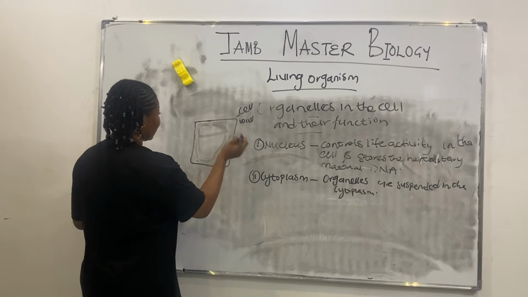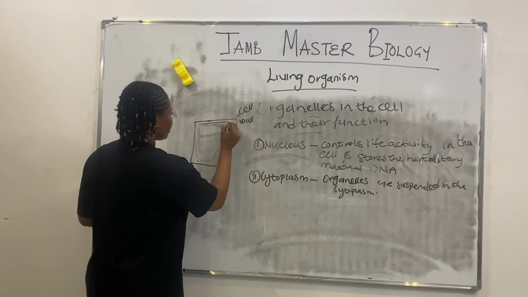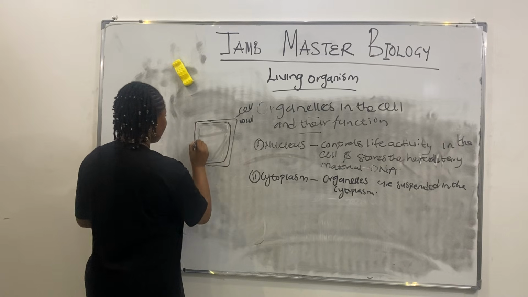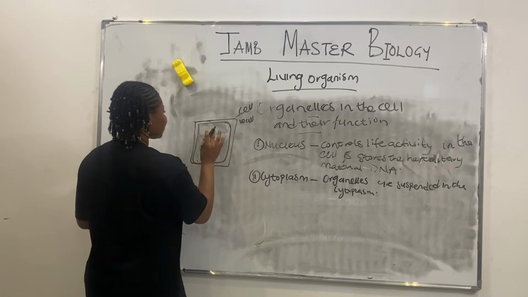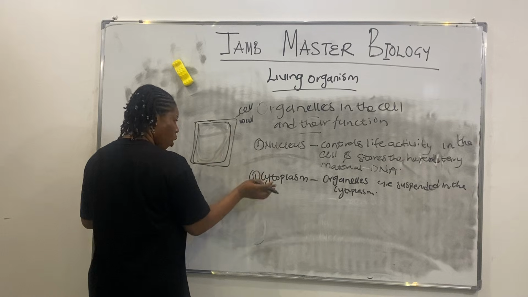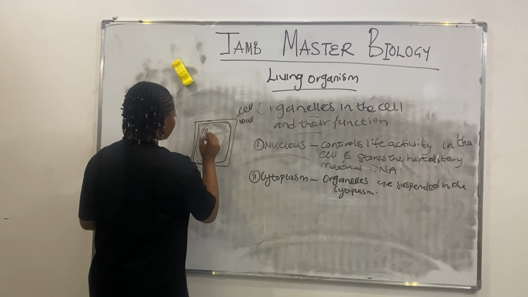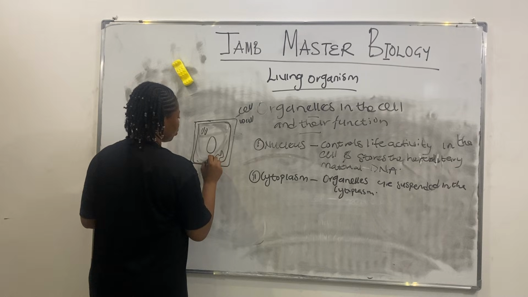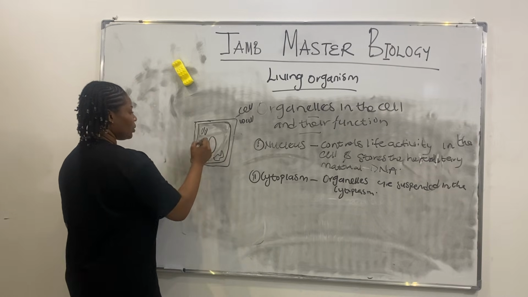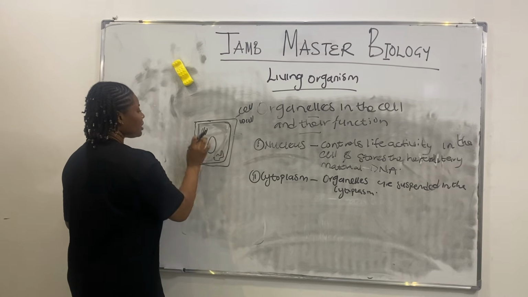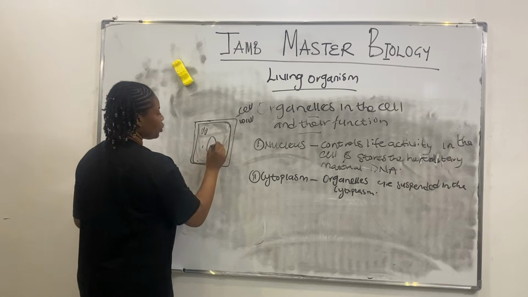So let's assume that it has a membrane. The first one is the cell wall. The second is the cell membrane. This place where the nucleus is and other organelles like the Golgi body and endoplasmic reticulum, this place where everything is suspended inside, is what? Cytoplasm.